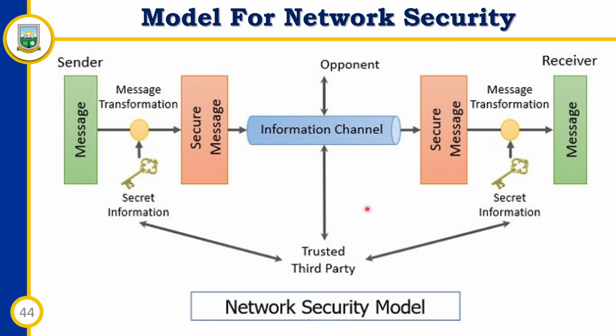So let's take the first one, which is the network security model. A message is to be transferred from one party, the sender, to another across the internet. For a message to be sent or received, there must be a sender, on this side, and a receiver or recipient, which is this one.